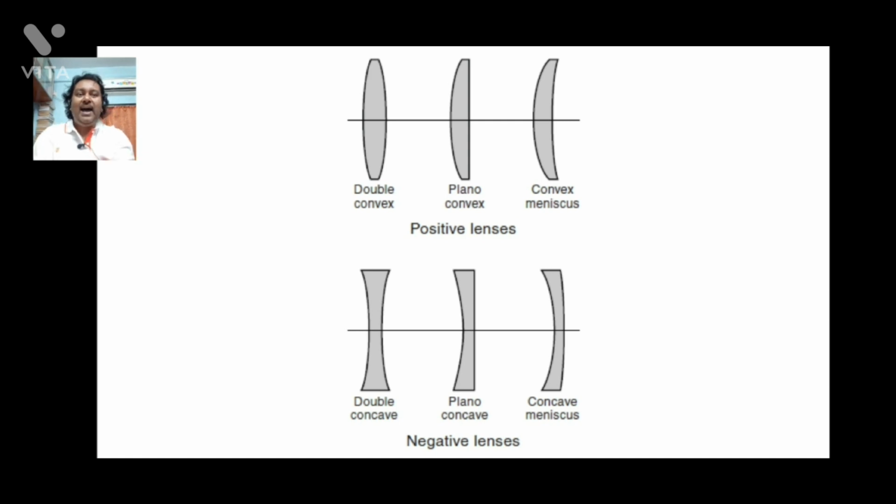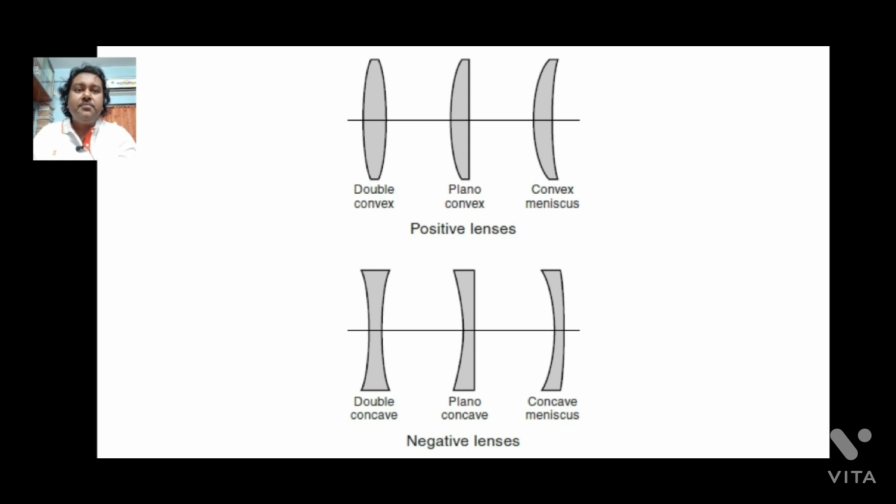Positive lenses are mainly three types: double convex or biconvex, plano-convex and convex meniscus. As well as the negative lenses are also three types: double concave, plano-concave and concave meniscus.